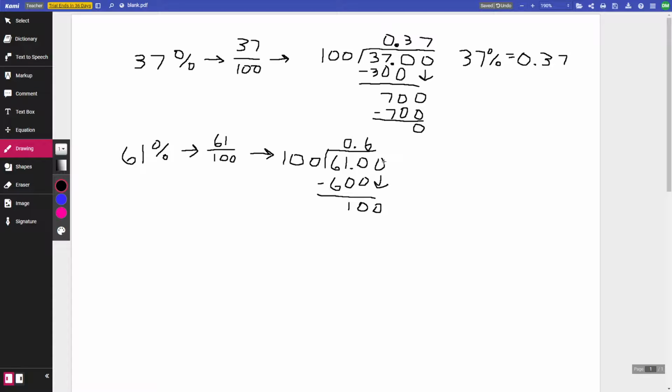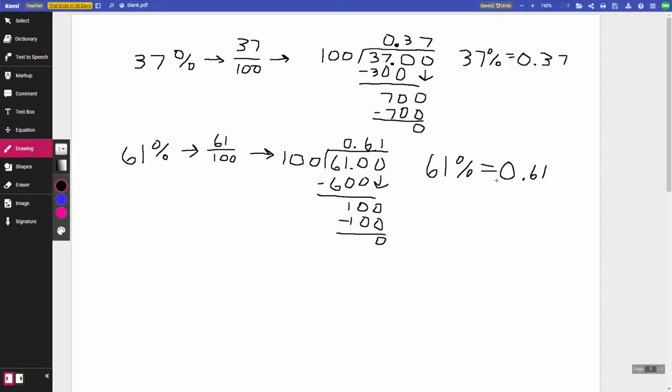And now 100 goes into 100 one time, with a remainder of 0. So we can say that 61% is the exact same thing as 0.61.